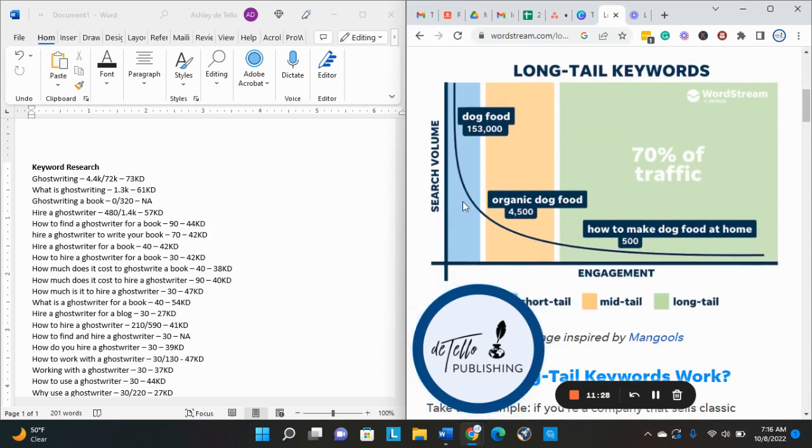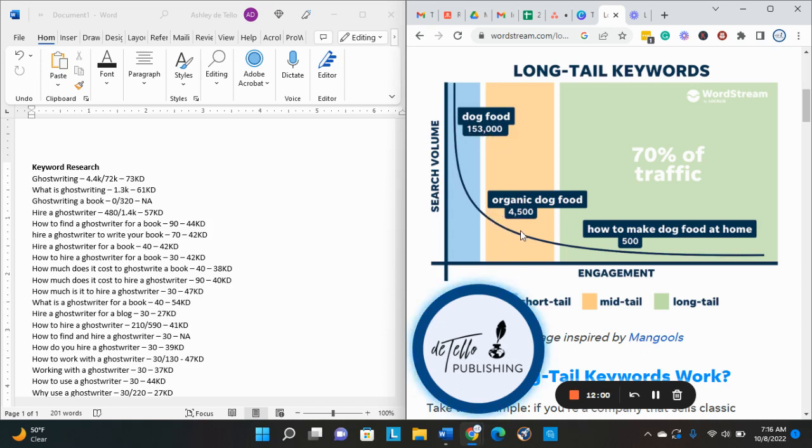So I love this graph. It's called long tail because on a graph of search volume, you can see here, if somebody puts in dog food, lots and lots of people are looking for the word dog food, but it really only captures this much of the market, which is about 10 to 15% of the market. And then organic dog food, that's a little more specific, and that has 4,500 keyword searches versus 153,000.